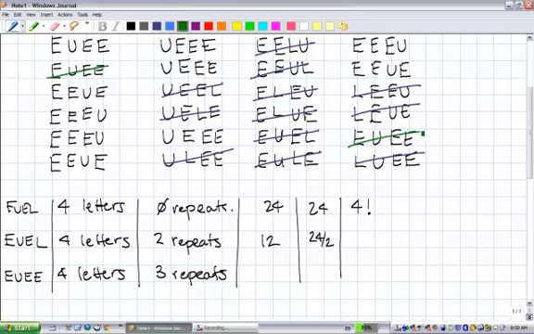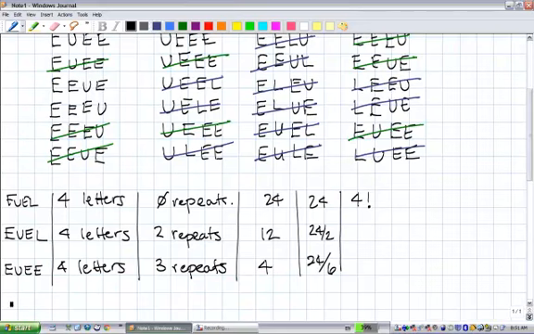Looks like we're canceling off 2 per. So there's double EUE, triple EU. And what we end up with is 1, 2, 3, looks like 4 different words. So that's 24 over 6.